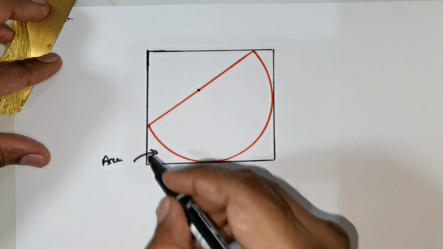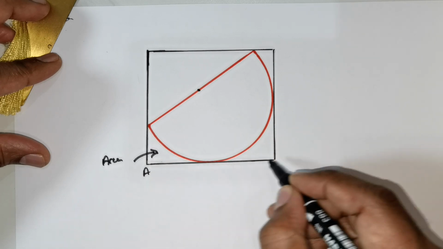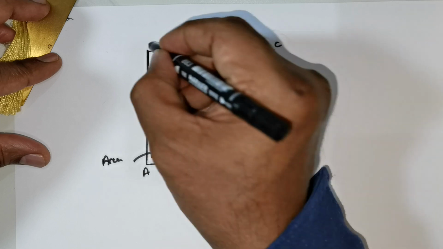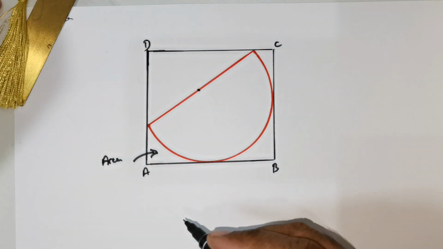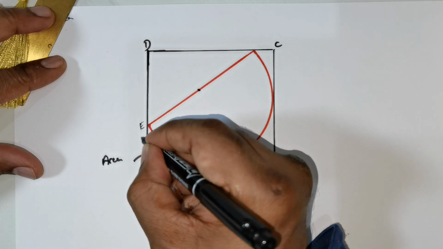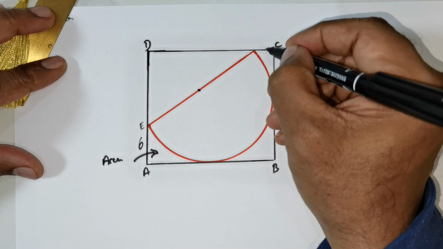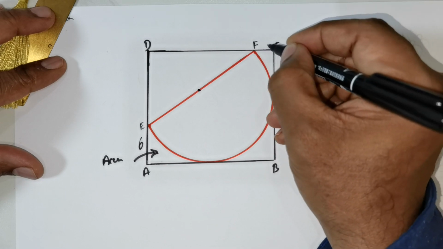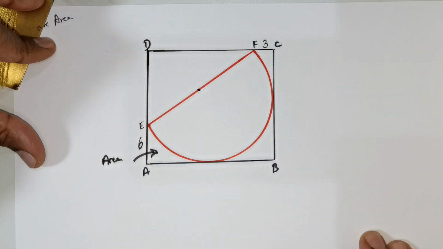Now we've been given, let me take this as A, B, C, D. We've been given E to be as 6 units, and let me take F this to be as 3 units, right?